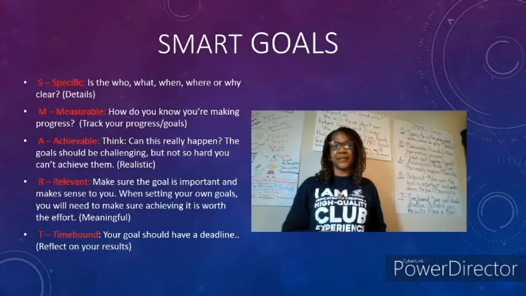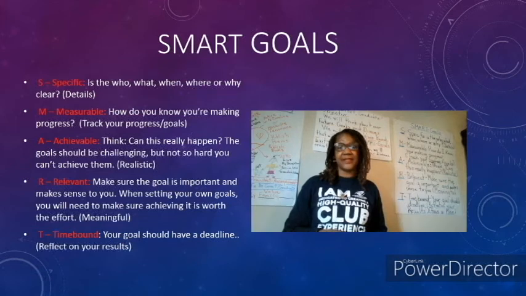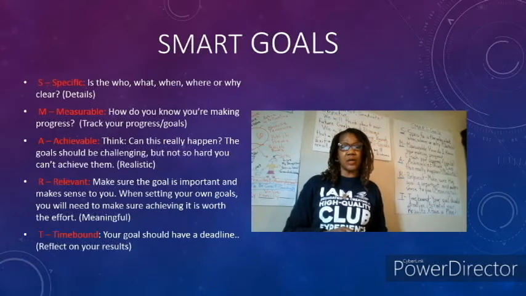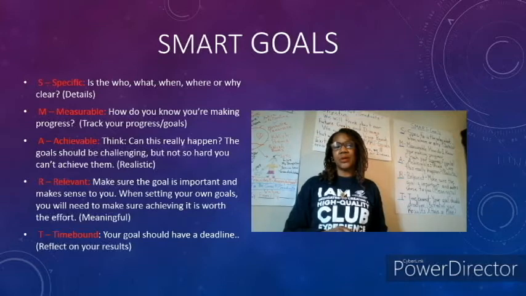Be realistic. Relevant. Make sure the goal is important and makes sense to you. When setting your own goals, you will need to make sure achieving it is worth the effort. Meaningful. Time bound. Your goal should have a deadline. Reflect on your results.